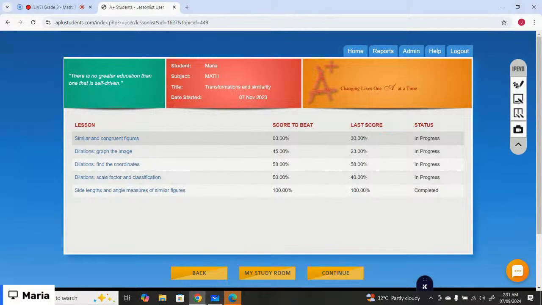The next lesson is dilation, scale factor, and classification. So let's just start with the next lesson.